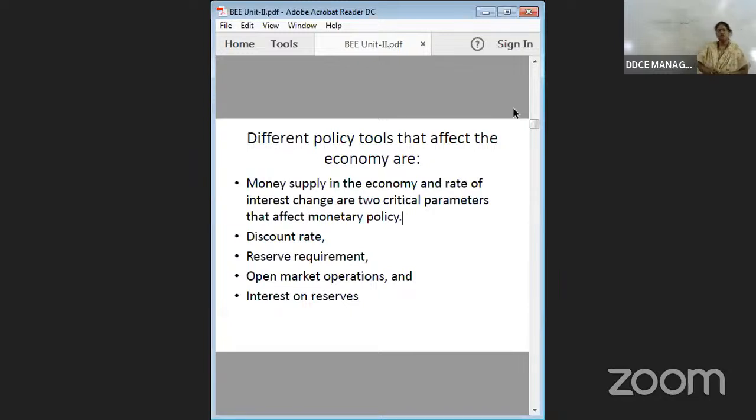But it does not stop at creating credit. What next do you have to do? The next is you have to make a recovery of that creation of credit.